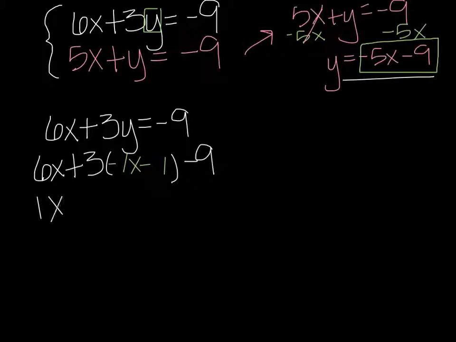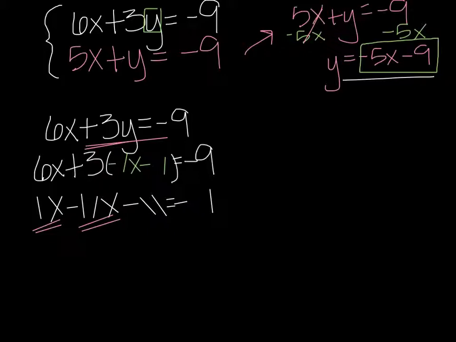So we have 6x, and we need to distribute the 3. 3 times a negative 5x is a negative 15x. 3 times a negative 9 is a negative 27. And we'll bring down the minus 9. Oh, I've forgotten my equal sign here. Not going to change the equation on you. All right. Let's combine like terms.